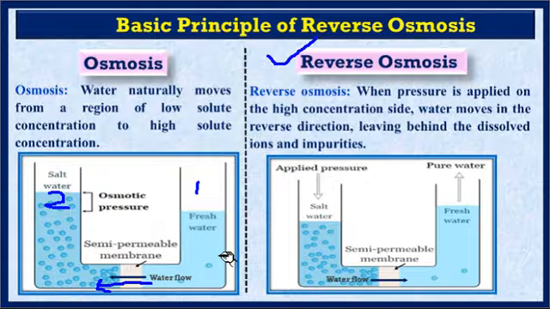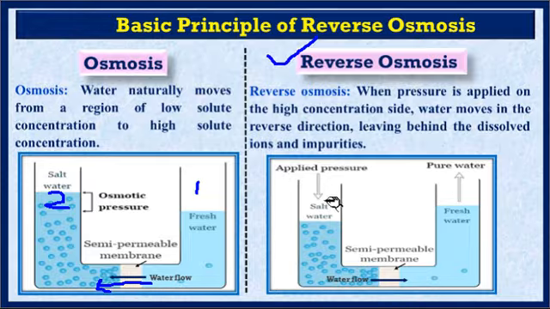That means water moves from higher water concentration, which means lower salt concentration, to the higher concentrated side. Reverse osmosis is when pressure is applied on the higher concentration side and the water moves in the reverse direction, leaving behind the dissolved ions and impurities.